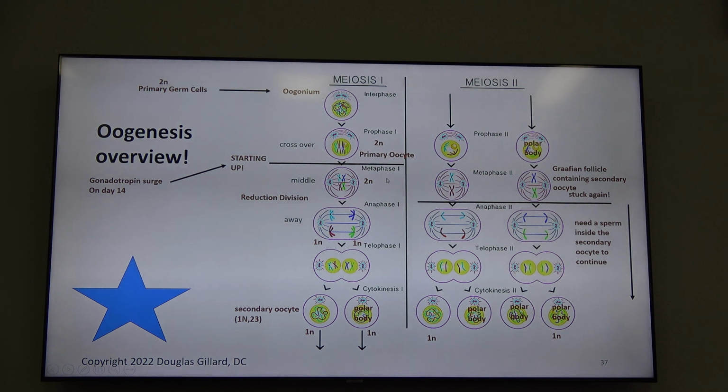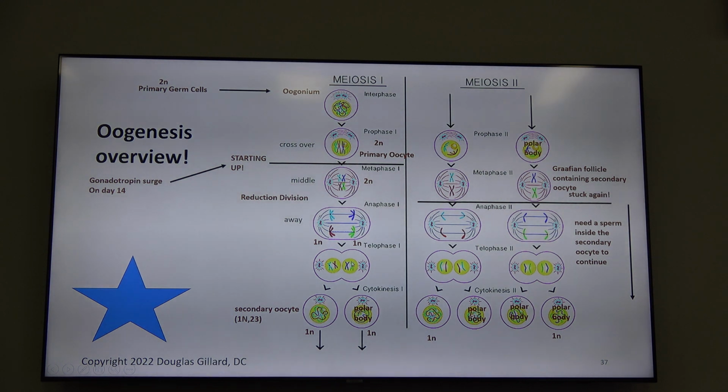We go to metaphase 1, anaphase 1, telophase 1. The cell splits, and the artist forgot about polar bodies, so I had to draw this in. But we get a polar body, which is much smaller and has no cytoplasm, and then we get our mature secondary oocyte, which is 1n, 23 chromosomes.